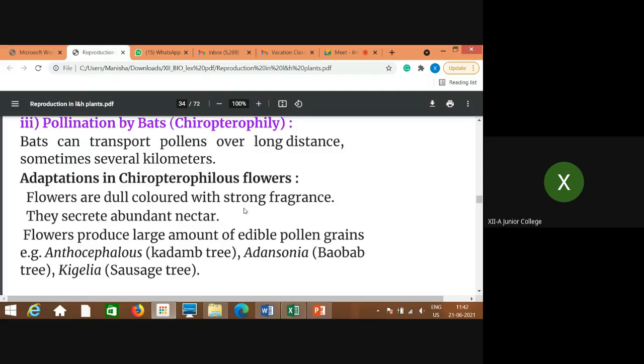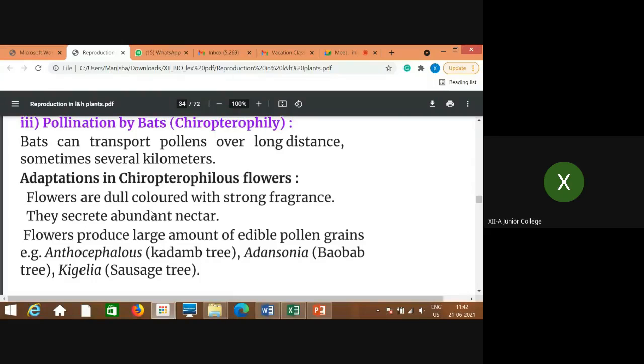But they have a very strong sense of smell, so these flowers produce strong fragrance as well as abundant nectar. The nectar produced by these flowers is in a large quantity.